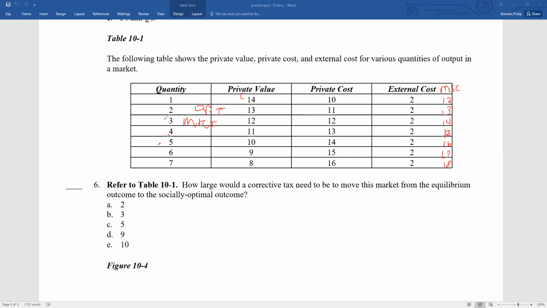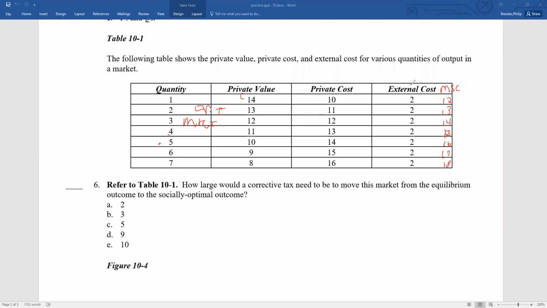All right. Again, they could ask the marginal social cost for the 6th item. That would be just 15 plus 2 gives you 17. And finally, let's think of social value. I guess they could ask you the social value, which would be the same as the private value.